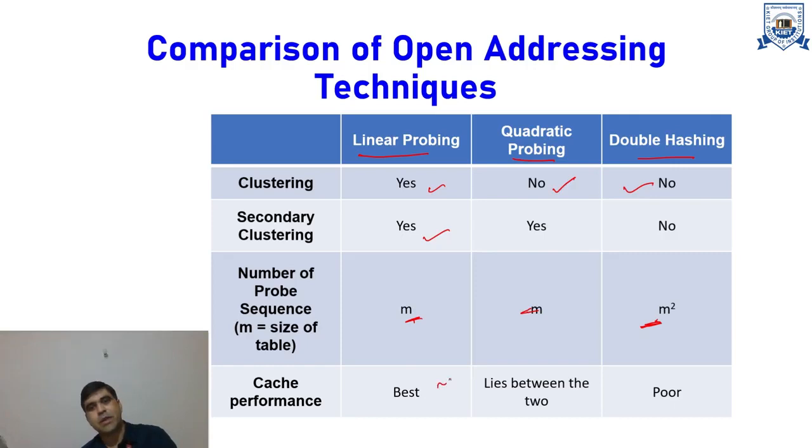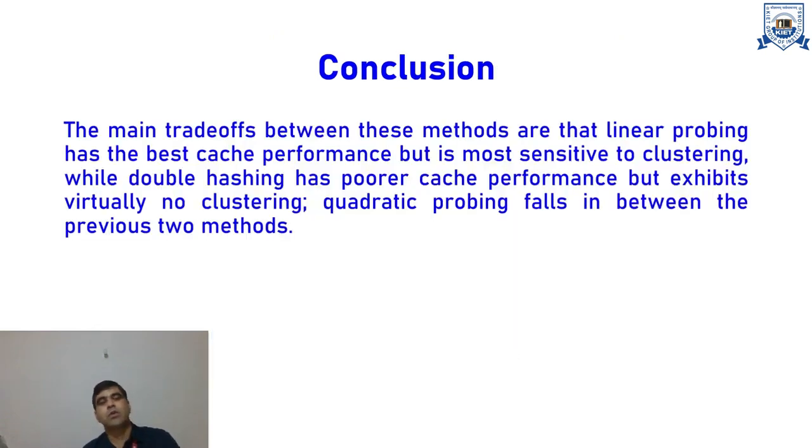Cache performance is best in the case of linear probing, and in quadratic probing cache performance lies between double hashing and linear probing. In double hashing, cache performance is very poor. So the conclusion is that the main trade-off between these methods is that linear probing has the best cache performance but is the most sensitive to clustering, because both primary and secondary clustering problems are there.